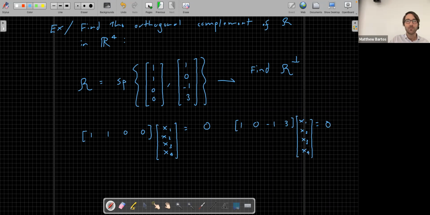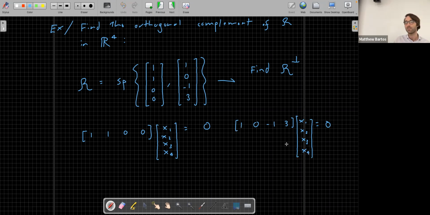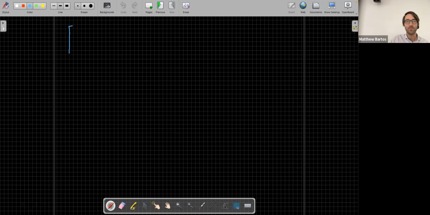We can do this by setting this up as a system of equations. So we take these two equations and put them together. Let's say we now have a matrix equation [1, 1, 0, 0; 1, 0, -1, 3] multiplied by the vector x1, x2, x3, x4, is equal to the 0 vector.